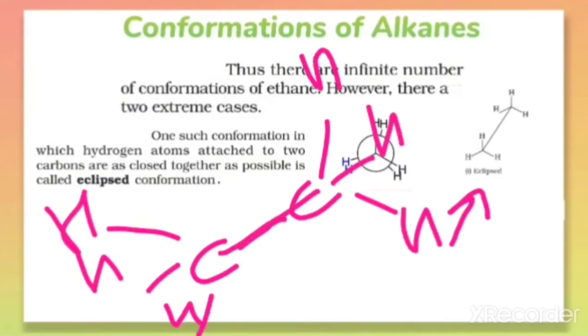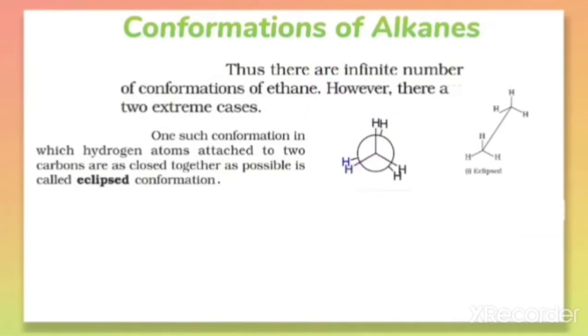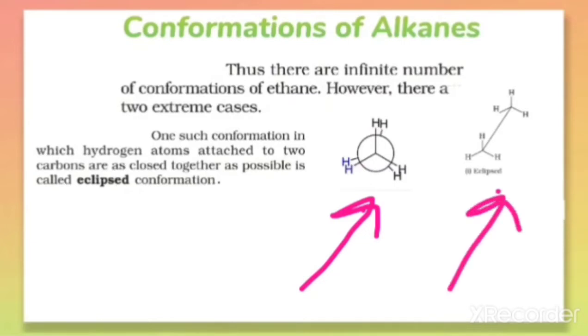Both are structures for ethane, but this one is drawn when we view the molecule at the C-C bond head on, and this one is drawn when the molecule is viewed along the molecular axis.